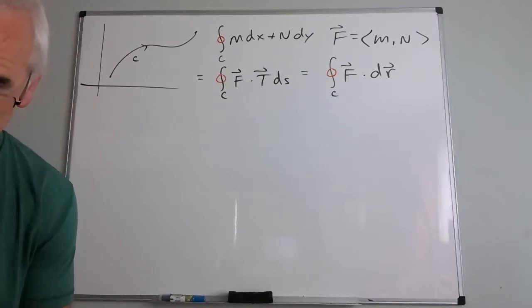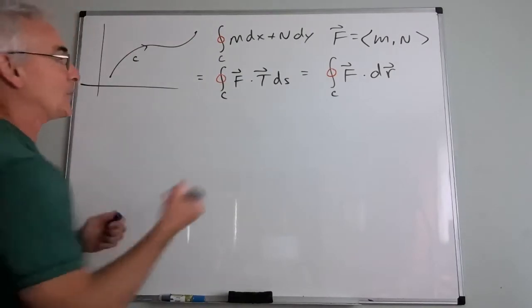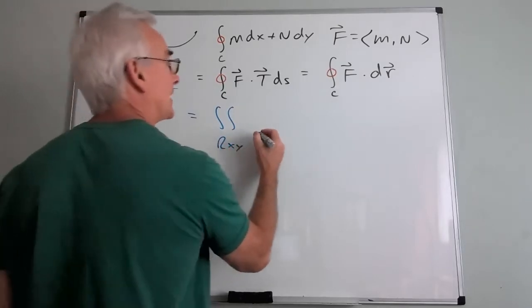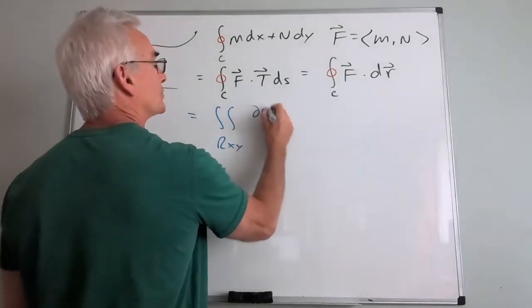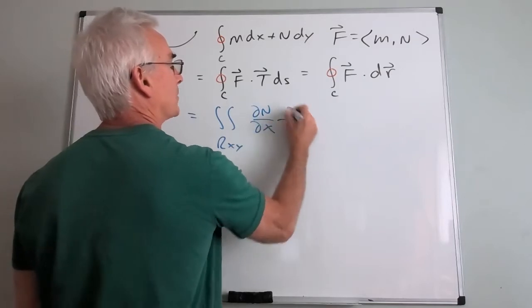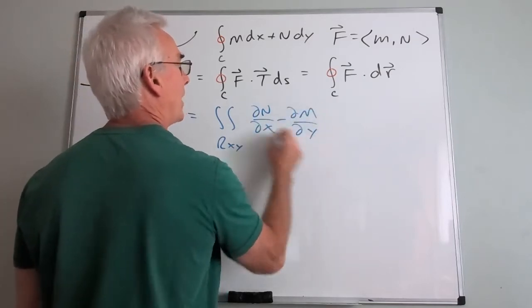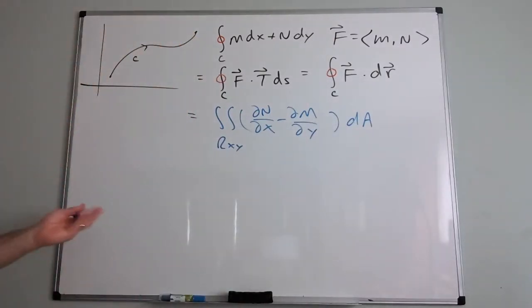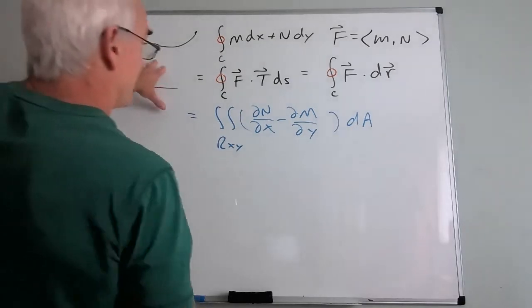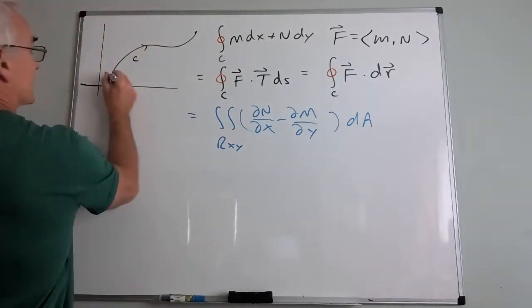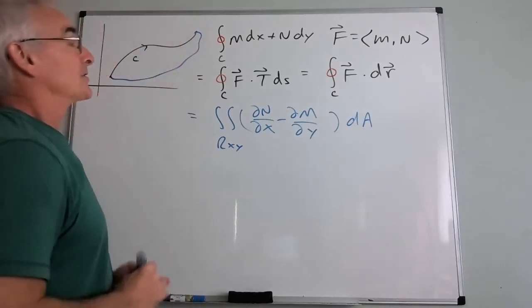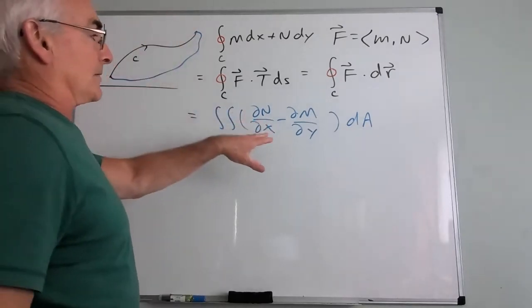And in each case, we then know that this will equal the double integral over the region in the xy plane of the partial of N with respect to x minus the partial of M with respect to y, integrated over the area. That's Green's theorem. Okay, that was the major proof last week. So it's no longer this picture. Now, basically, it's this picture. I now have a closed loop. So this is what we want to dwell on, okay?